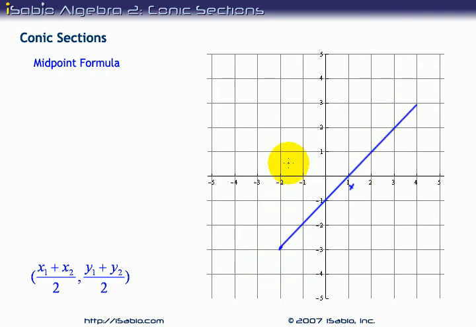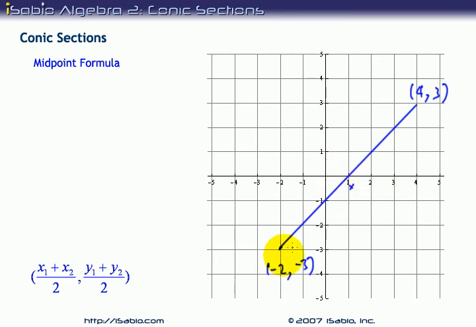Would it work? Let's see. The x coordinate is negative 2, and the y coordinate is negative 3. What about this guy? The x coordinate is 4, and the y coordinate is 3. Alright, let's average it and see if we get the middle one. Doesn't look like it. That's the middle. Okay, let's see.